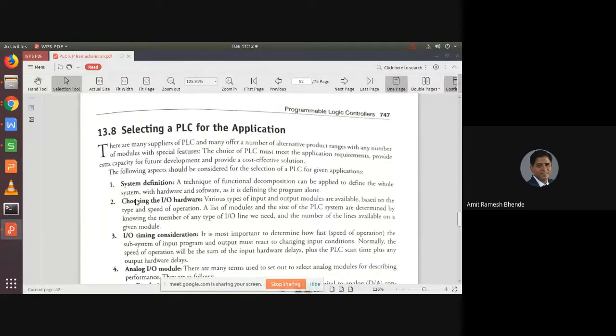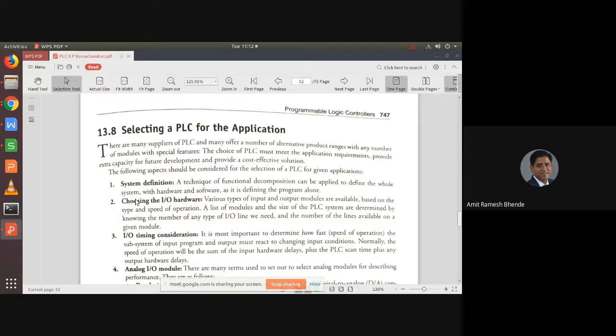Which PLC programming language you are using, accordingly you need to select the software, and according to your application you need to select the hardware. So the functional decomposition of the application means you need to divide your application into hardware, software, and program.